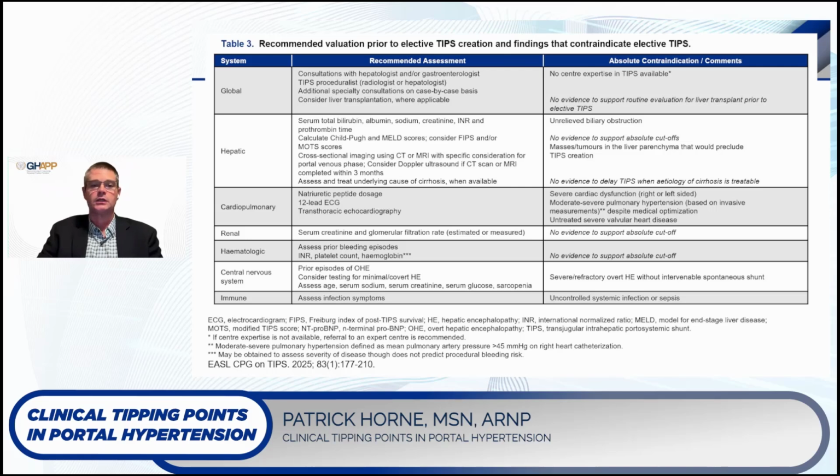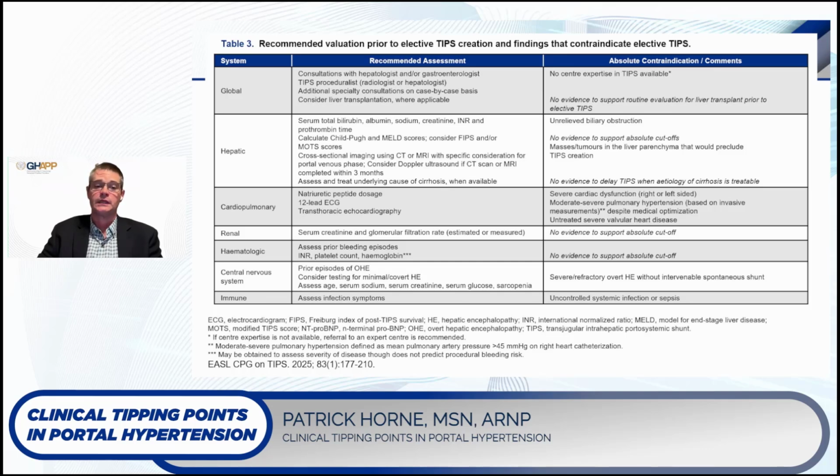This is a busy chart, but I just want to take you through some of the highlights. Basically, we're looking at the areas to evaluate before considering doing a TIPS on someone. The first is obviously a consultation with a specialist, whether that be a hepatologist, gastroenterologist, or most likely an interventional radiologist who is going to be the one placing the stent.